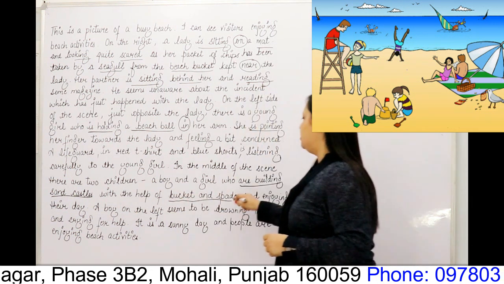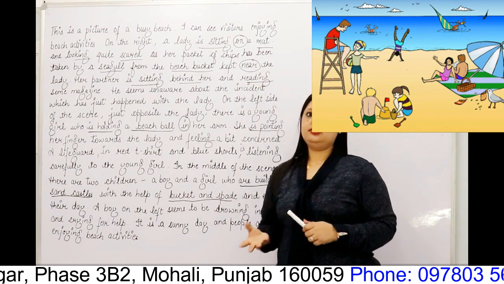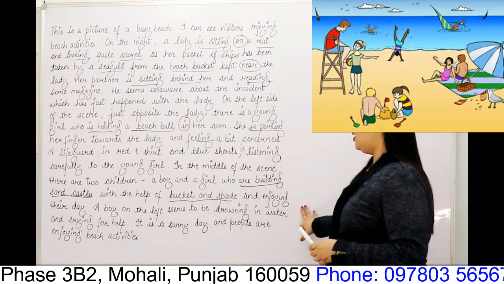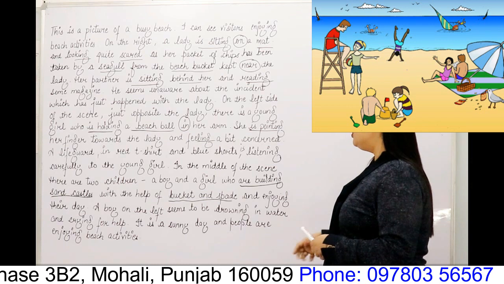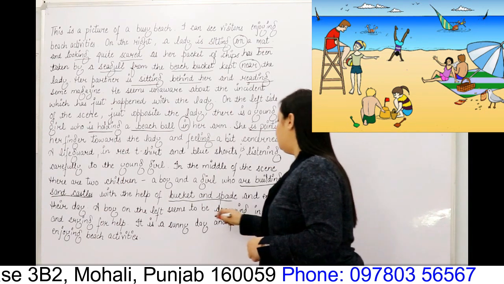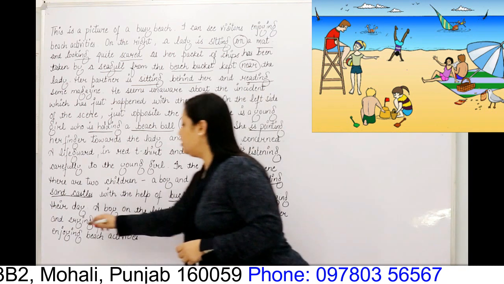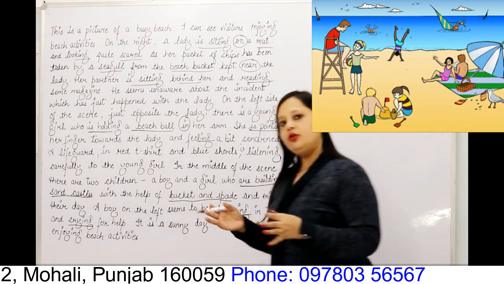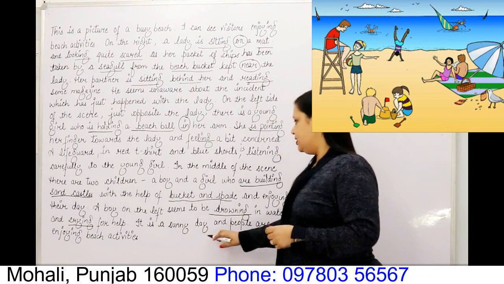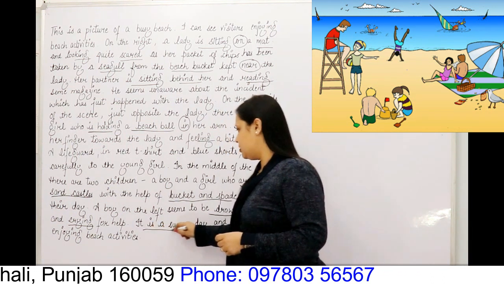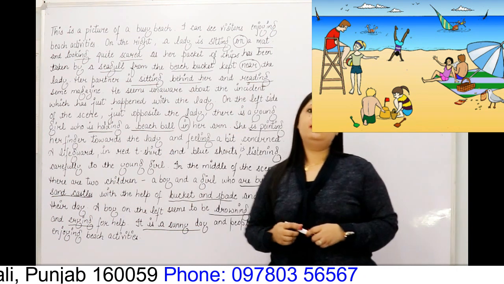These are again appropriate words. And enjoying their day. A boy on the left seems to be drowning in the water because he is crying for help. This is all about the scene. Then it is a sunny day and people are enjoying beach activities.